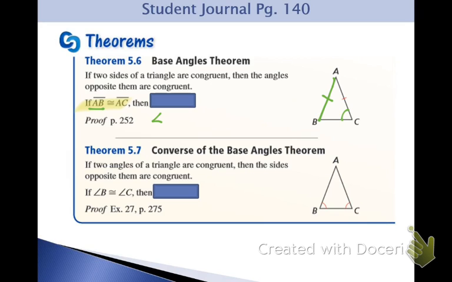C. So angle C is going to be congruent to another angle. Let's find the angle across from AC. What angle is directly across from AC? Angle B. All right, so that means angle C will be congruent to angle B.